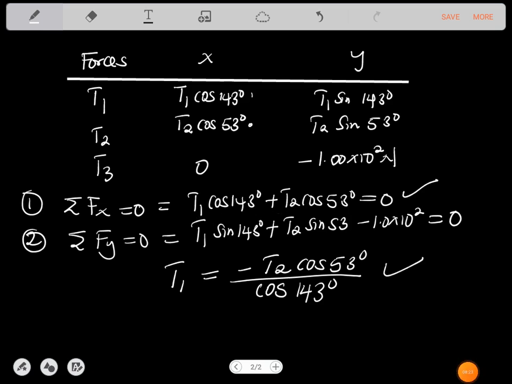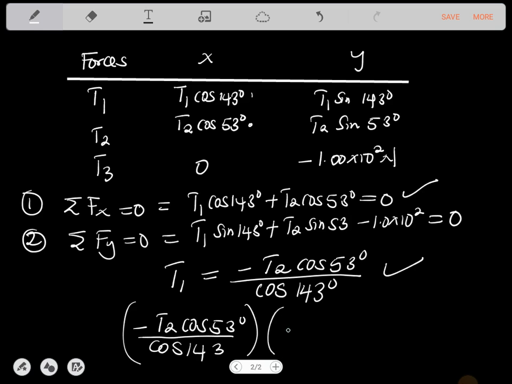Now I can use the second equation: where there's T1, I put this. So negative T2 cos 53 degrees over cos 143, multiplied by sine 143, plus T2 sine 53 minus 1 times 10 to the power 2, is equal to 0.